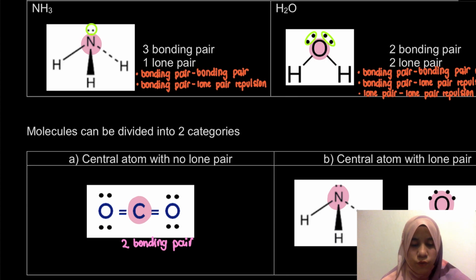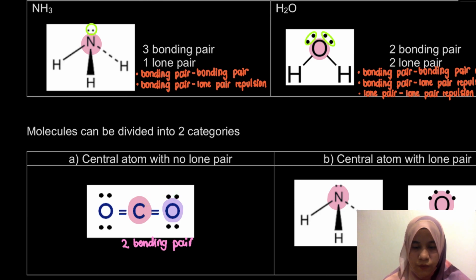So let us look at our oxygen. This is just a revision for bonding pair and lone pair. You don't have to know the shape of the terminal atom, there's no need. So for the case of oxygen, we see it is bonded to only 1 atom, only 1 carbon.